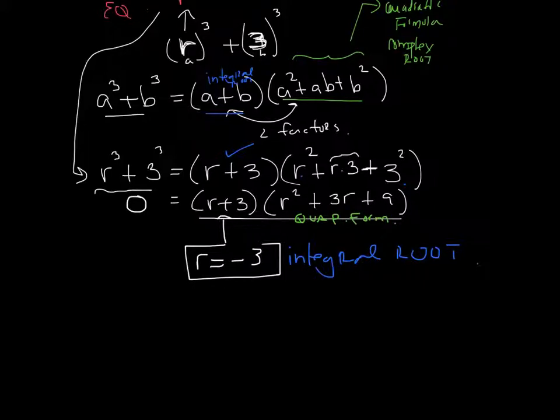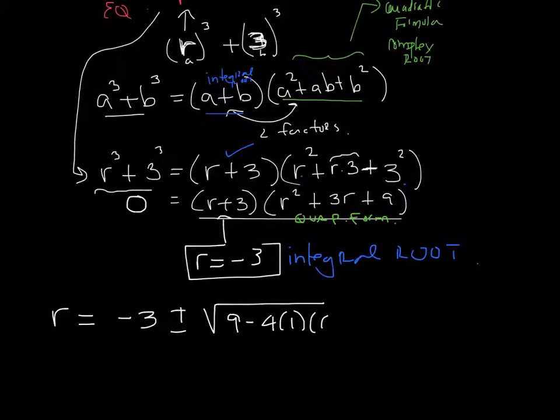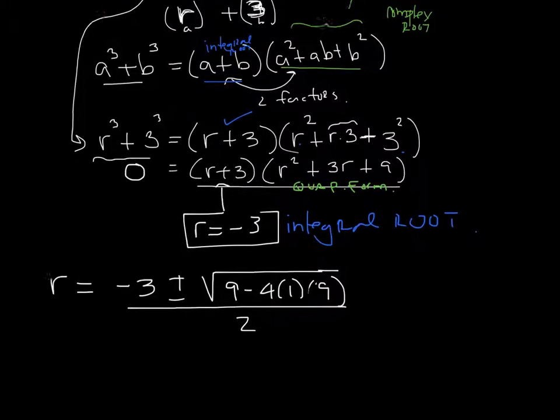We have r equals negative b, so negative the coefficient, plus or minus the square root of b squared, so that's 9, minus 4ac, and that's a 9, and then all over 2a, which is just 2.